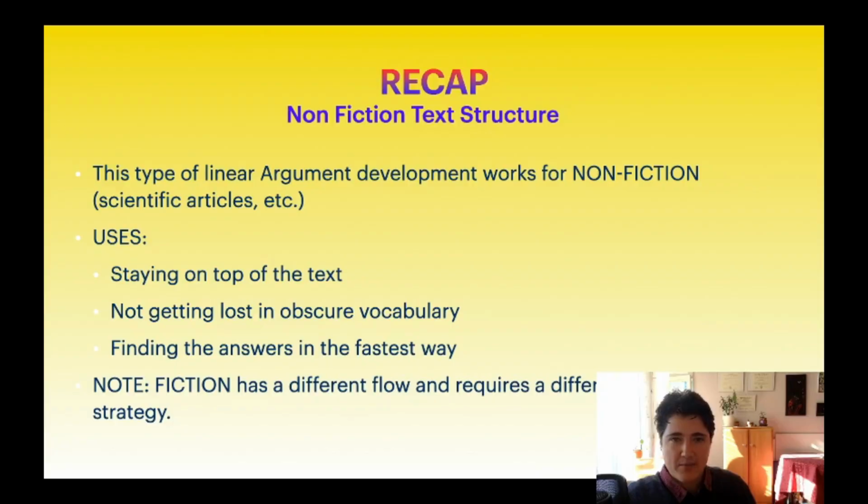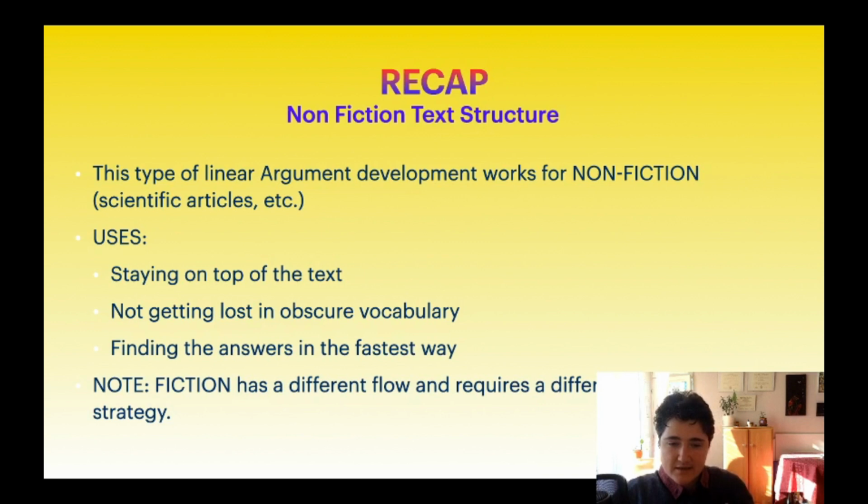To recap, first of all, this kind of linear argument development works for nonfiction. We already mentioned that. Nonfiction are scientific articles, any types of magazine articles, anything persuasive, articles on certain policies, and so on.